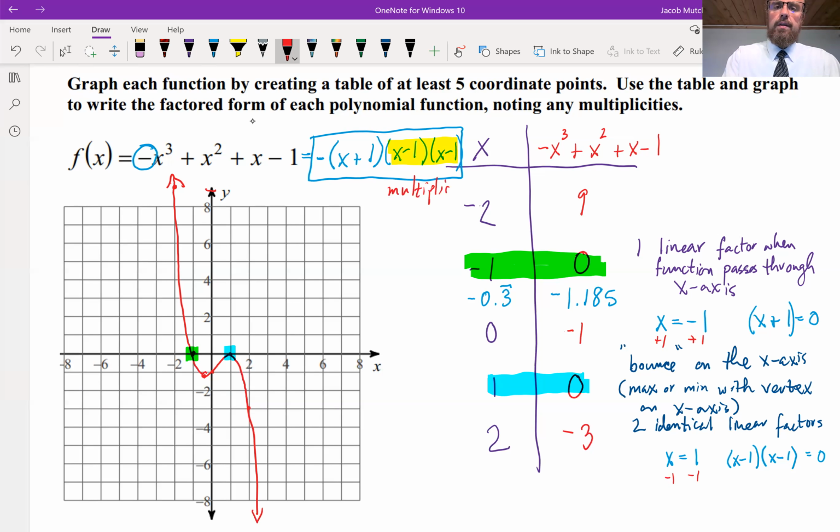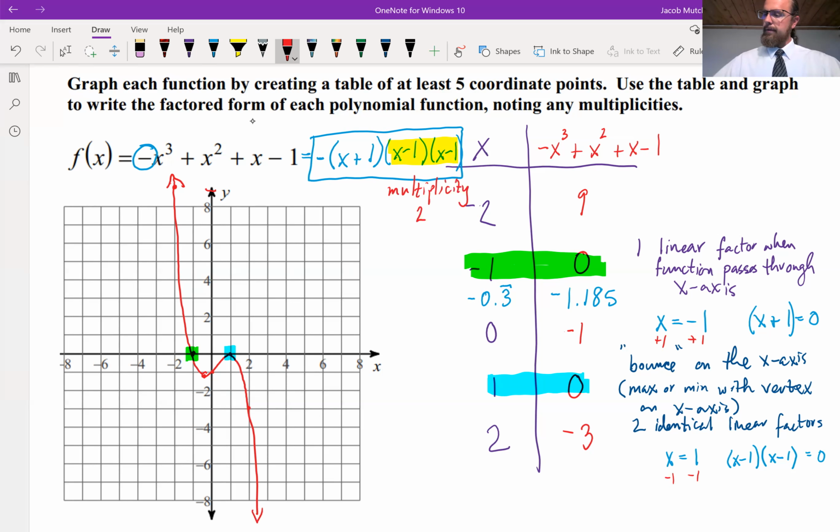Multiplicity is a fancy way of saying how many times does that factor occur in that factored form. So this is a multiplicity of 2. So on your work, when you get that factored form and if you see a doubled or a tripled factor, in this case I had 2 of them, so I'm saying it's a multiplicity of 2.